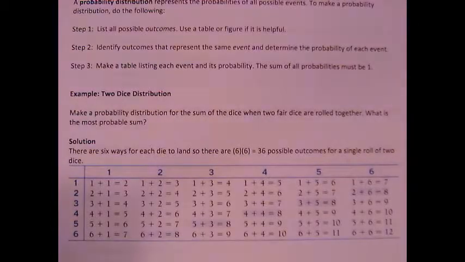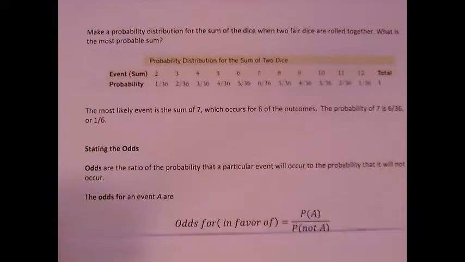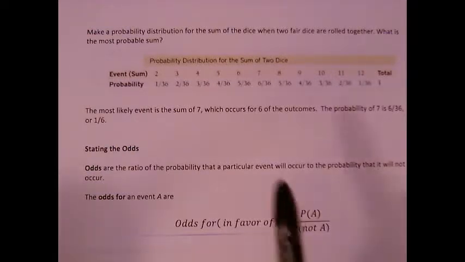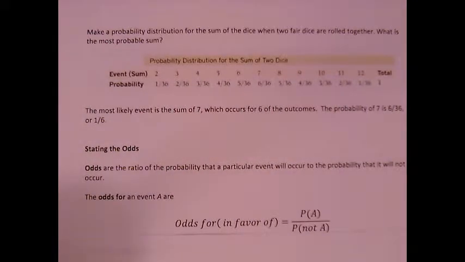Now, on the next page I'm going to show you, they condensed all of that into a single probability distribution, as you're about to see. Here it is. You're going to make a probability distribution for the sum of the dice when 2 paired dice are rolled together. And then we can find out what is the most probable sum. It's listed from 2 all the way up to 12.